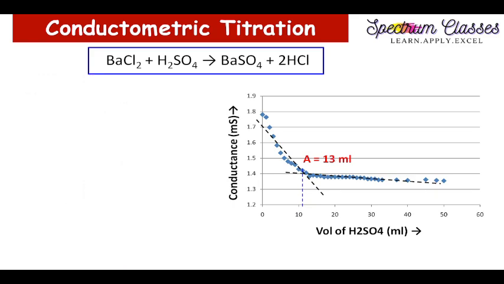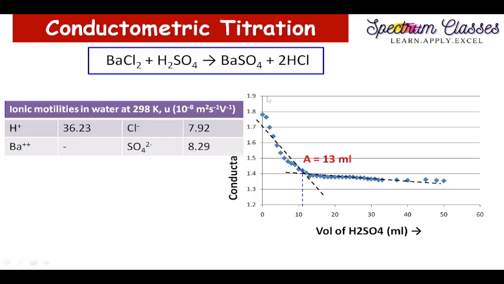Now I'm going to show you the graph we are getting. Supposedly the conductance should increase after the endpoint, but I didn't get an increase, so there may be some reason, though I'm not pretty sure about it. The conductance depends on the ionic mobility and the concentration.